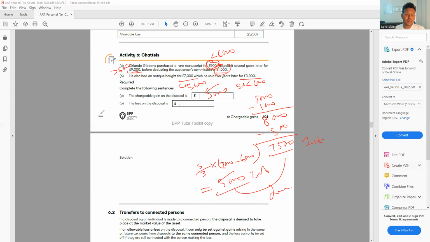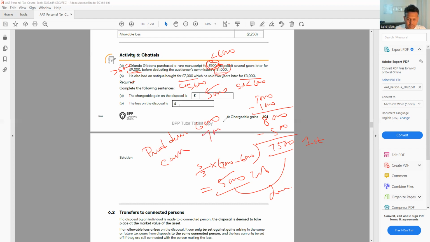The next one, we have the loss on the disposal. So the second one, number B. So you can see here, the cost is more than 6,000, and the sale is less than 6,000. Even the sale is less than 6,000, we have to use 6,000, because you cannot come less than 6. So the proceeds deemed or assumed 6,000, and the cost 7,000.